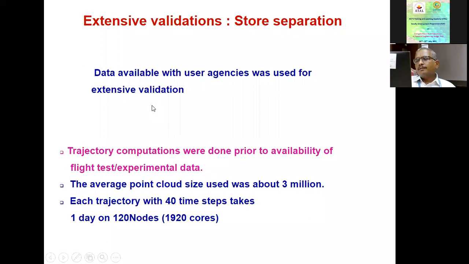Most of the data was not just experimental, it was actual flight data. They would say, please go ahead with your computation, get the result, then we will share the experimental data. So we went ahead with our computations ahead of the data being available to us, and every time we have been able to match with the flight or experimental data.